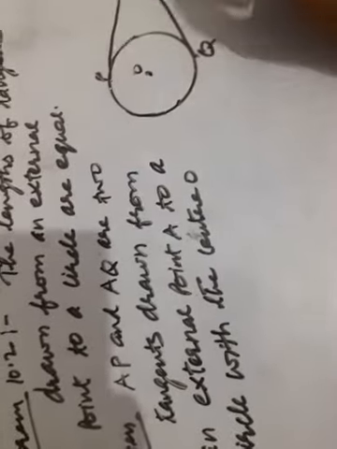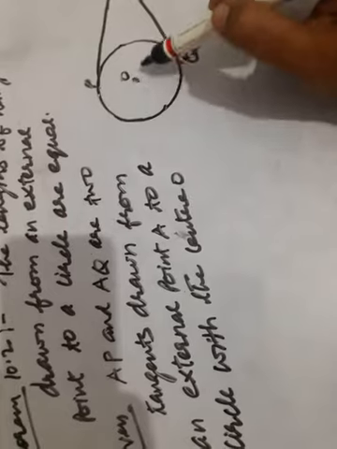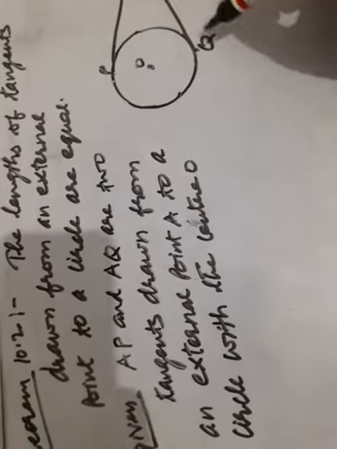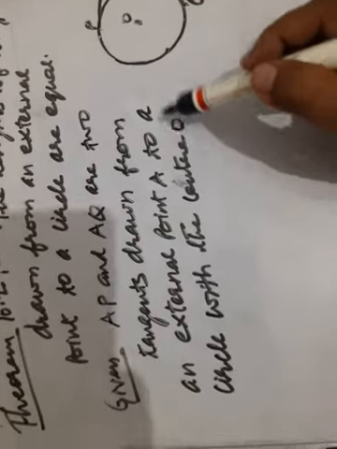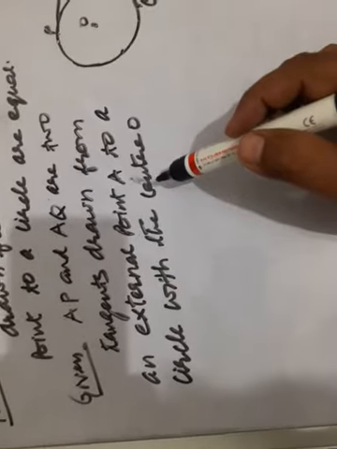A is an external point, and this is the circle with center O. AP and AQ are two tangents drawn from an external point A to a circle with the center O.